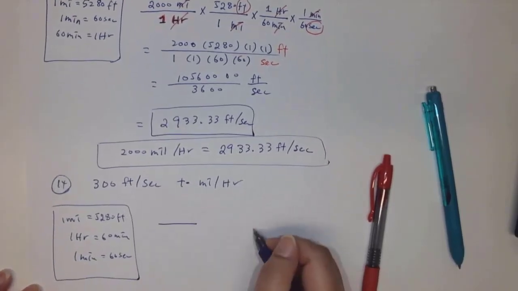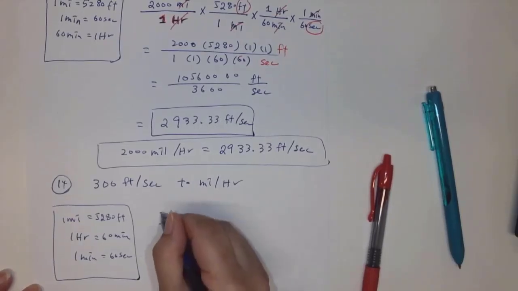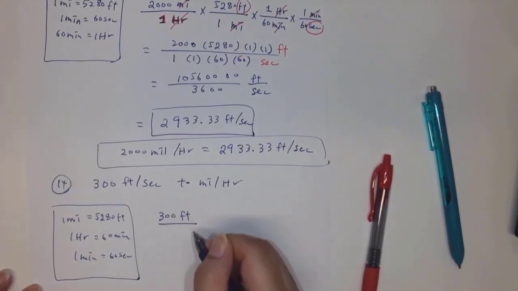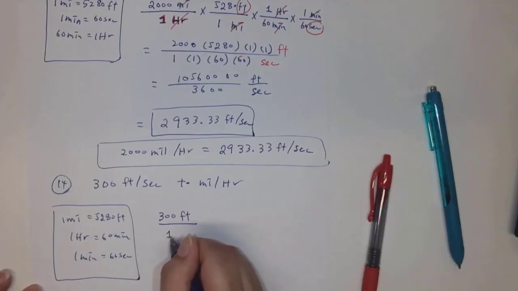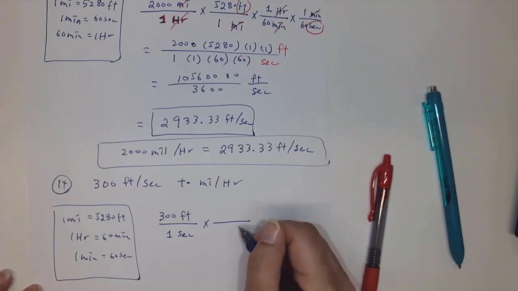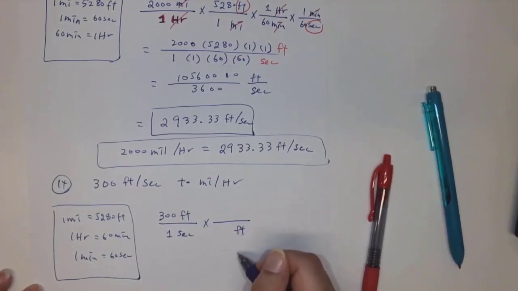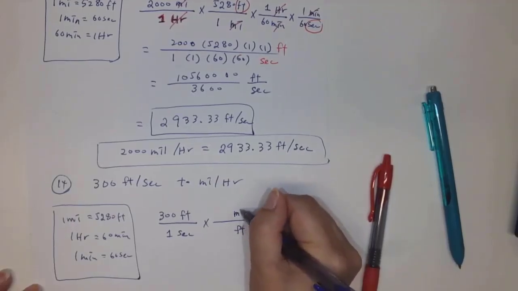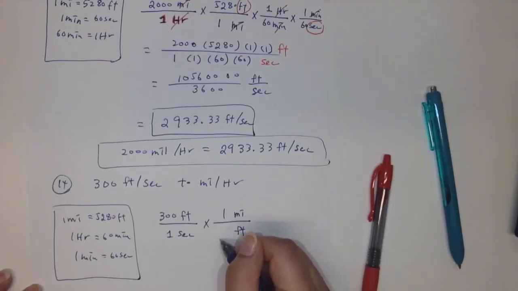But the first thing we write here is what? 300 feet per 1 second at the bottom, right? I need to get rid of the feet, so feet go to the bottom. Top we have miles. 1 mile is the same as 5280 feet.